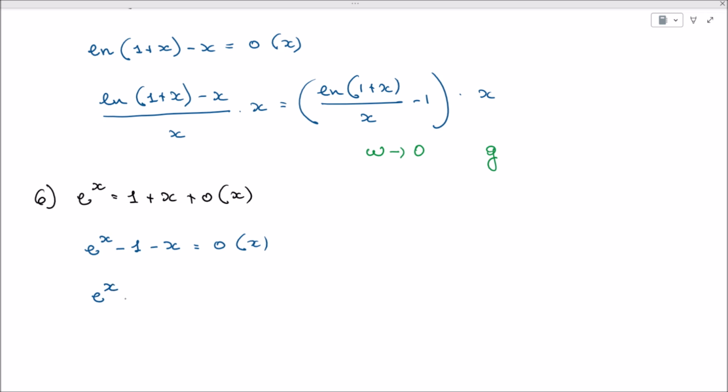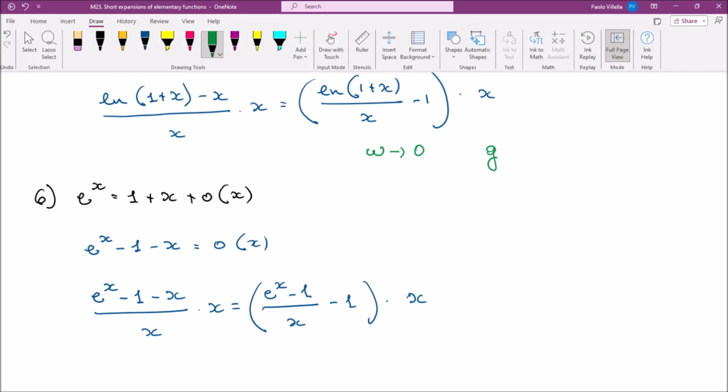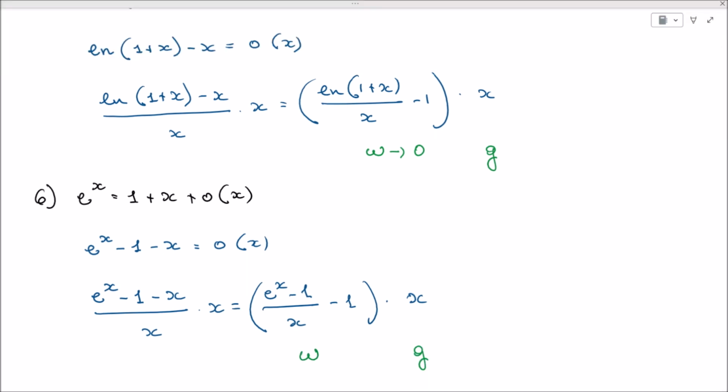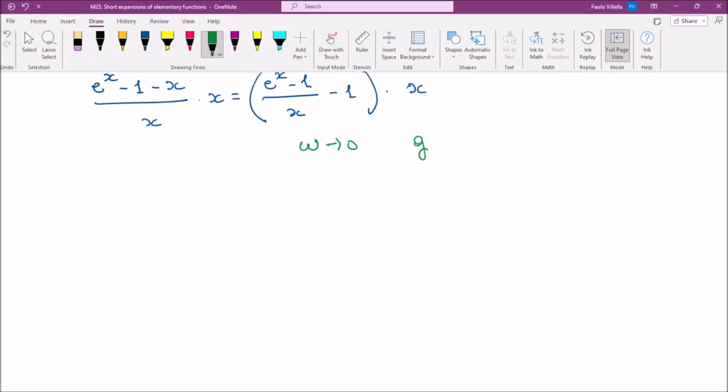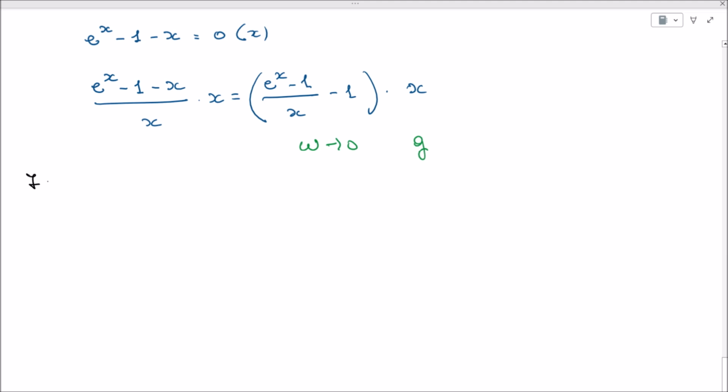E to the x minus 1 minus x divided by x multiplied by x. This is e to the x minus 1 divided by x minus 1, all this times x. So this is g and this is omega that tends to 0. Okay? Right, so let's continue our list of expansions with the expansion number 7.